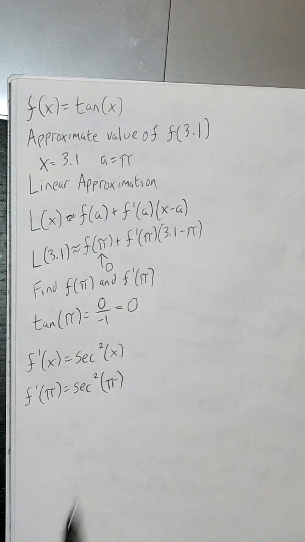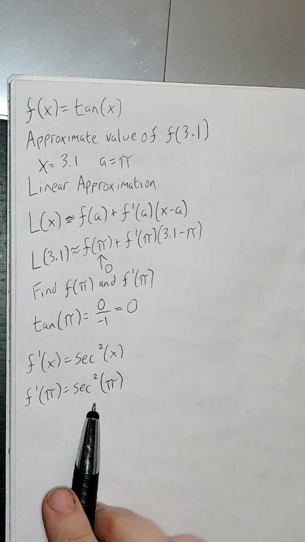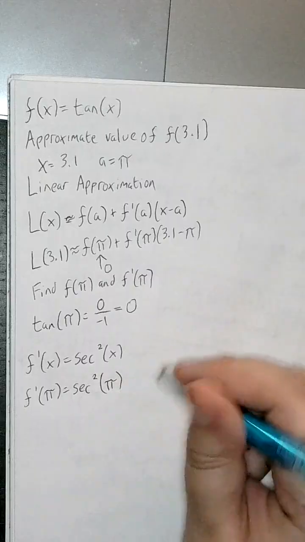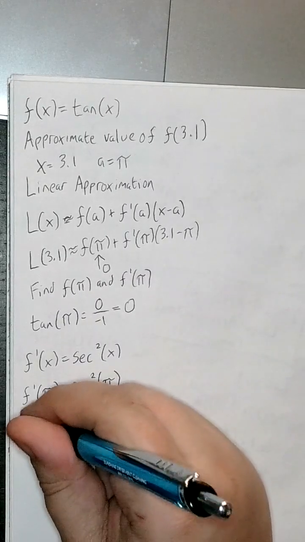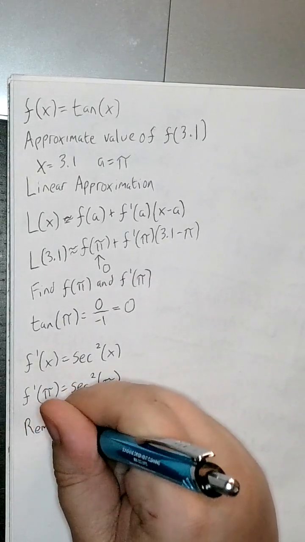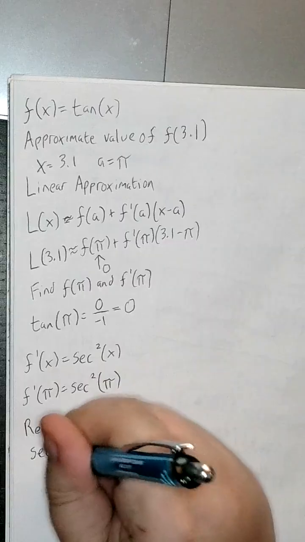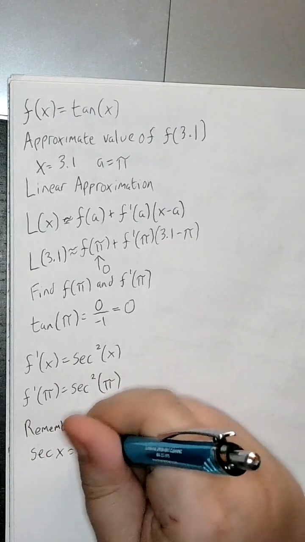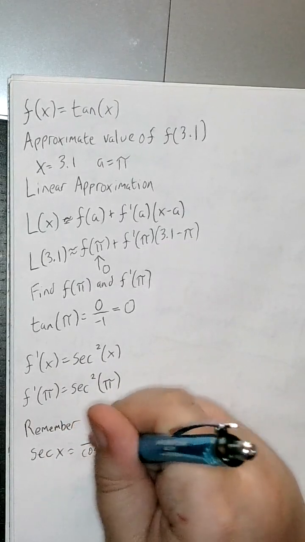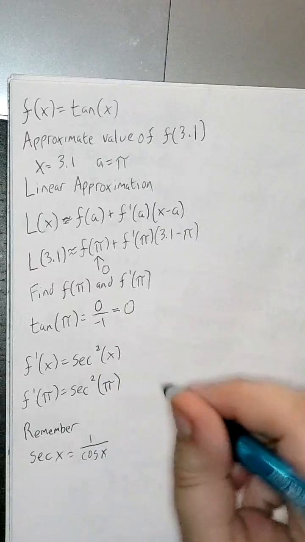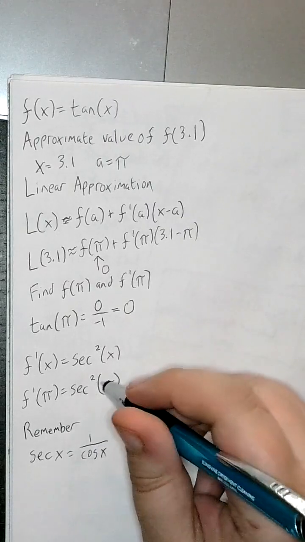Now, this is really easy to mess up, so I'm going to do a conversion. Remember, secant of x is equal to 1 over cosine of x. So here, it's not going to be cosine, it's going to be cosine squared.